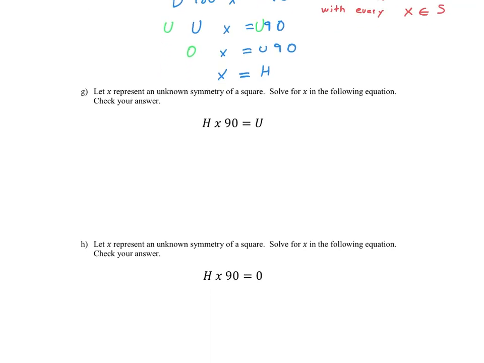So this time we have h x 90. So we can't do the trick of just moving x to the other side of 90 because 90 doesn't commute with every single element in our set. So this time maybe we'll use the inverses right off the bat. So we have h, x, and 90, and u on the right-hand side. So the inverse of h is h.